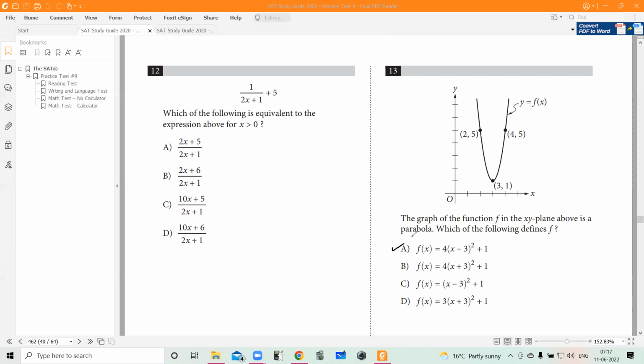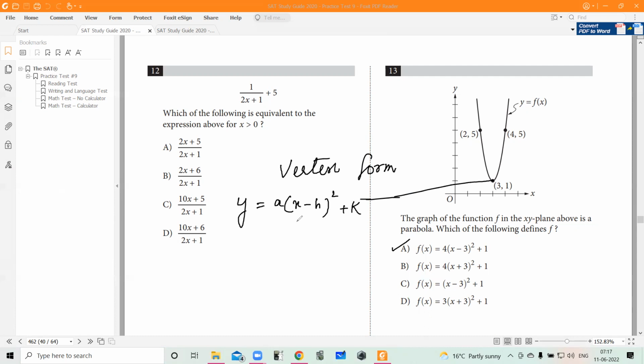Okay, so it's working for A, but do you know the vertex form of the parabola? Is that the one that's like y is equal to 4a x minus, yeah. But you have to remember this, because sometimes you have to convert the equation into the vertex form.